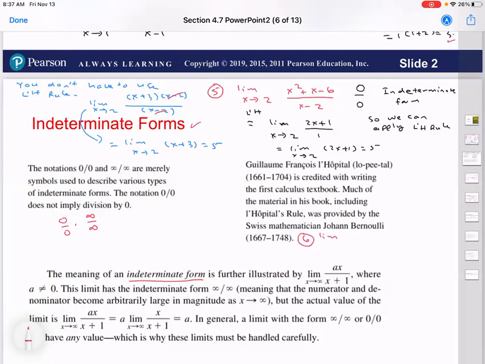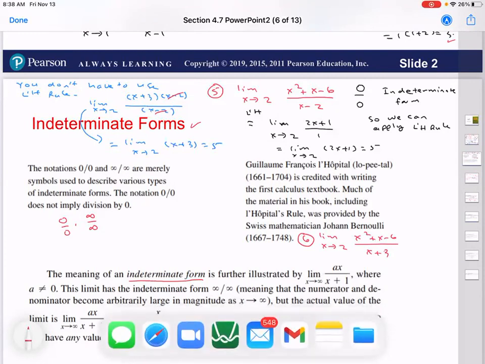The limit as x approaches 2 of x squared plus x minus 6 divided by x plus 3. So hold on, guys. Just hold on, okay? This is so crowded there. So let me go back to this.